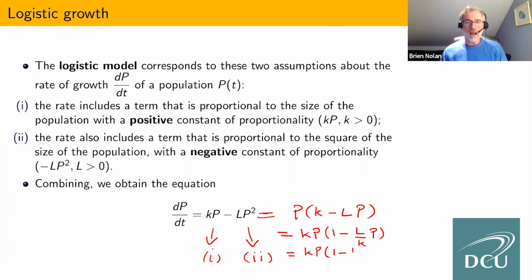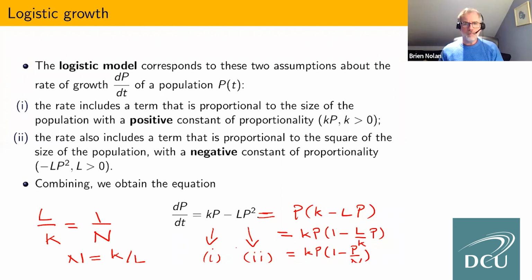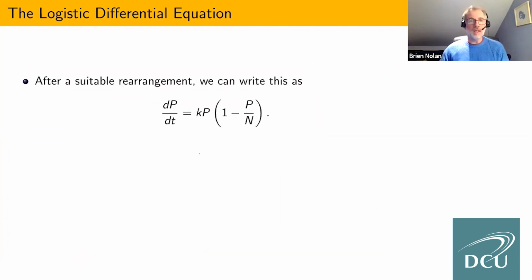That L over K, I'm going to call 1 over N. So I'm going to introduce a new number, N, which has the property that 1 over N is equal to L over K. Or if you prefer, N is K divided by L. That's just a slight rearrangement done for convenience, and it produces this logistic differential equation.